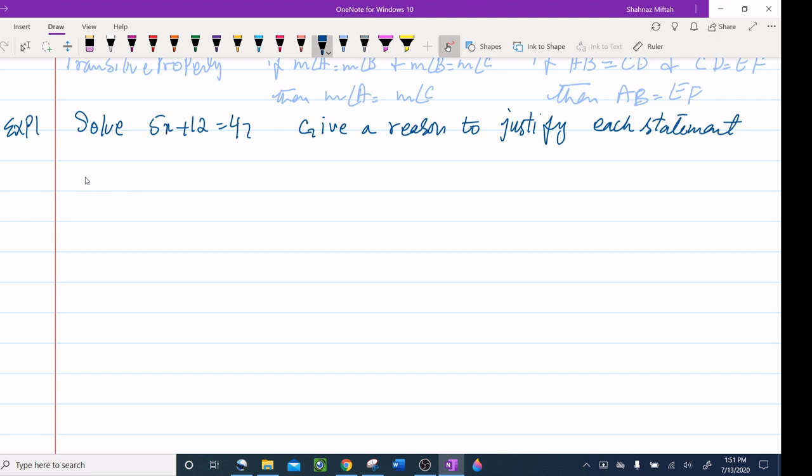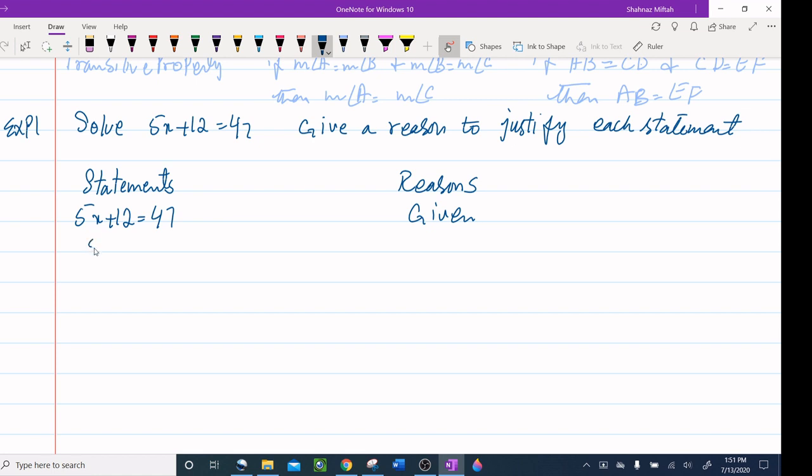So I'm going to give you statements and reasons, and that's how you do the two-column proof. Statement: 5x plus 12 equals 47. The reason is given.